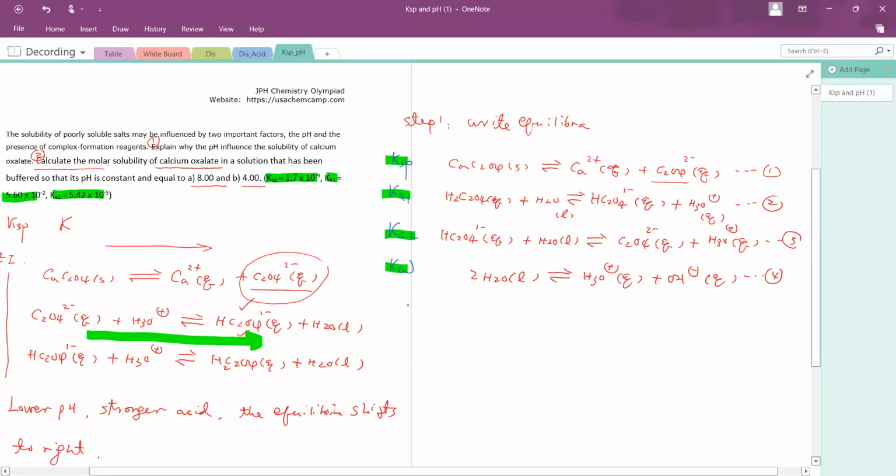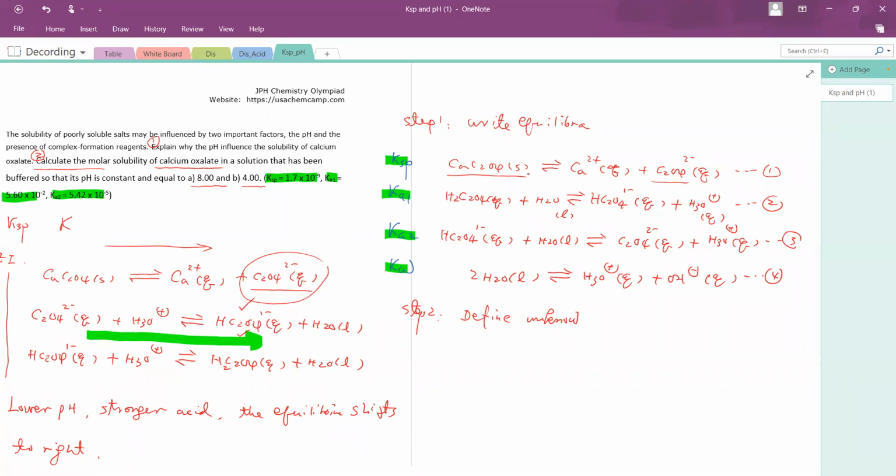The second step, step 2. We are going to define the unknown. In this case, as we know, calcium oxalate is a strong electrolyte, so the molar analytical concentration equals the equilibrium calcium ion concentration.